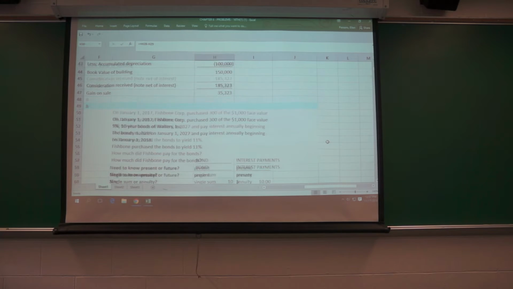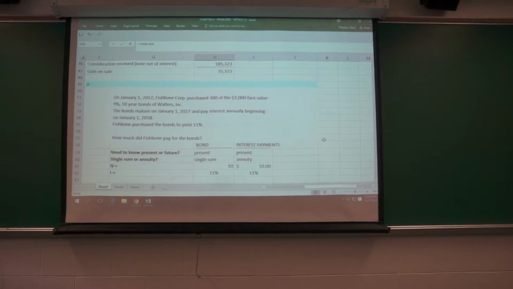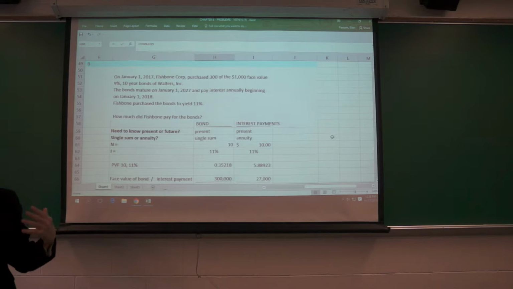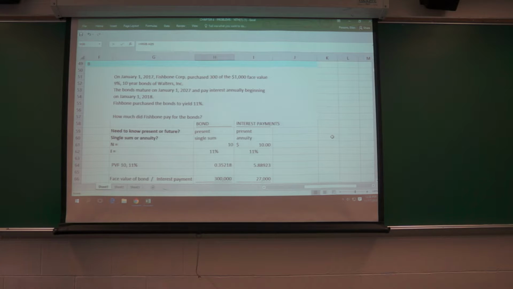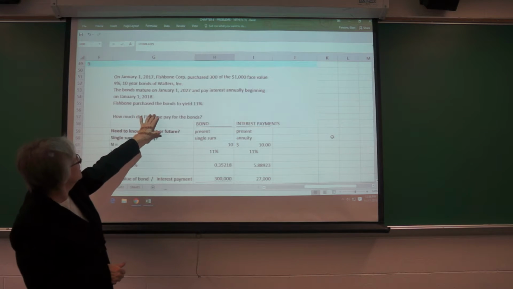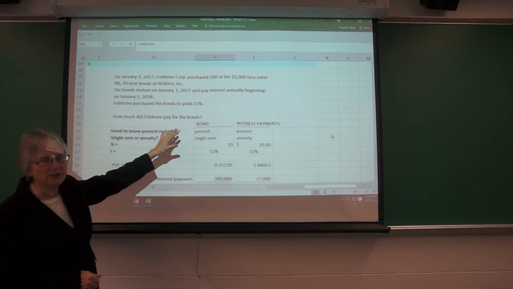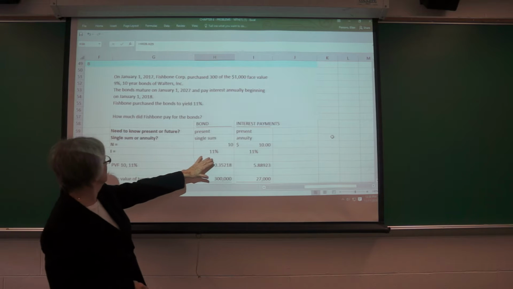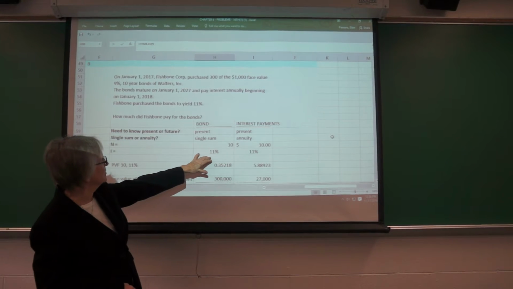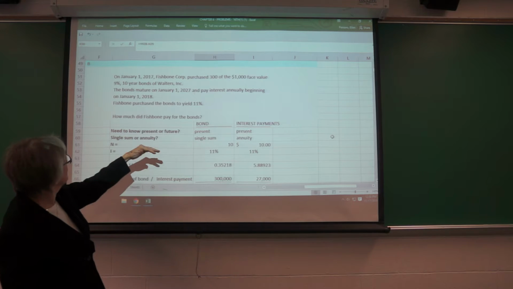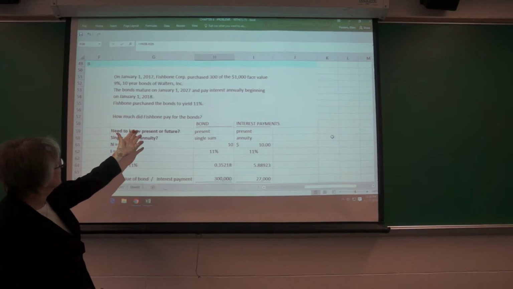They purchased some bonds. Okay, so this is a basic bond problem, and I've gone through those in other videos, so I'm not going to do this one. The only thing to note here is when they say they purchased the bonds to yield 11%, that would be your market rate. Okay, that's the rate that you use to value, figure out the proceeds of the bond issue, because they're saying, how much did they pay for the bonds?